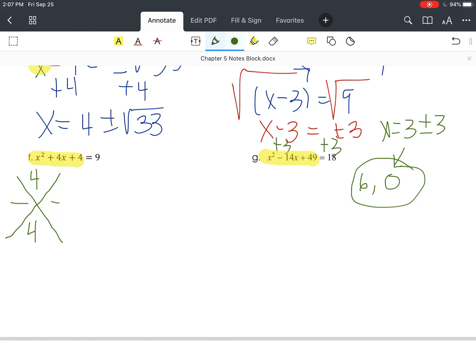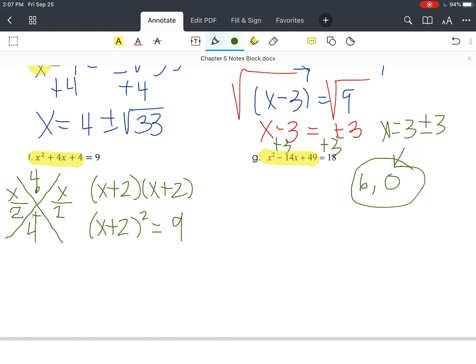So I'm going to put 4 on top for my C, 4 on bottom for my B. My A is 1, so it's just going to be x. 2 numbers that multiply to 4 and add to 4 are going to be 2 and 2. So this is why it's called a perfect square trinomial, because my 2 factors are x plus 2 and x plus 2, which I can rewrite as x plus 2 quantity squared.